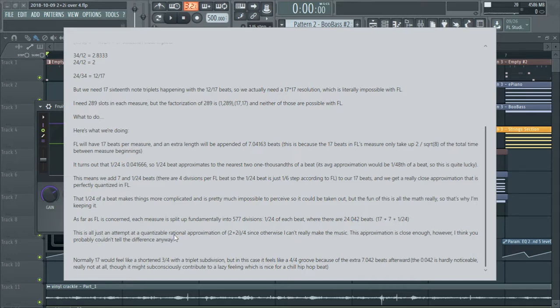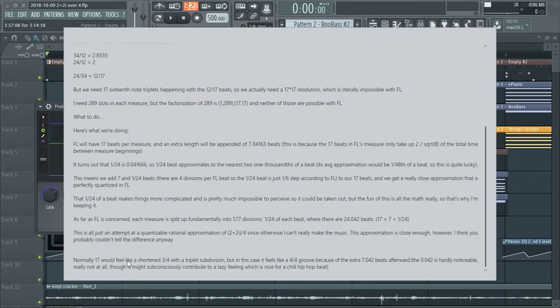And this is all just an attempted quantizable rational approximation of 2 + 2i over 4, since otherwise I can't really make the music. This approximation is close enough, however, I think you probably couldn't tell the difference. We talked about the nearest 2/1000ths of a beat, which is FL's beat, which is actually a 16th note triplet, so these are really small margins of error.